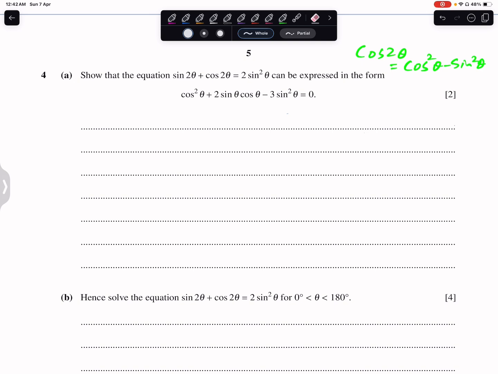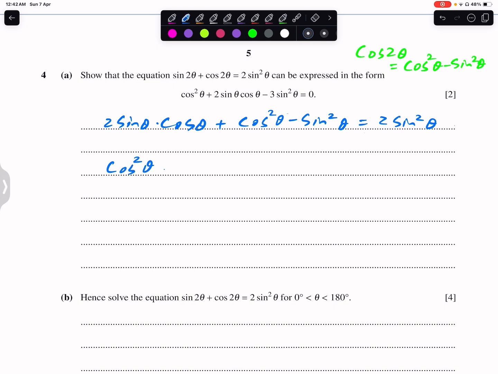So we can write 2 sine theta cos theta, and then the formula for cos 2 theta is cos square theta minus sine square theta and 2 sine square theta as it is. If you rearrange this, you will get cos square theta plus 2 sine theta cos theta, and then bring the 2 sine square theta on the left side. So this will become minus 3 sine square theta, okay, as required.